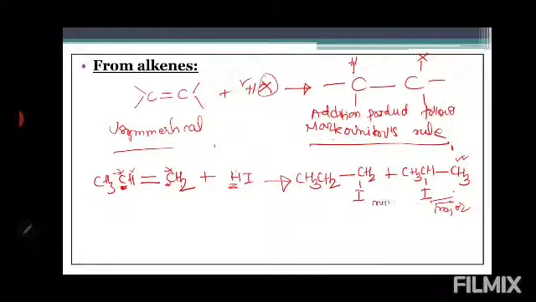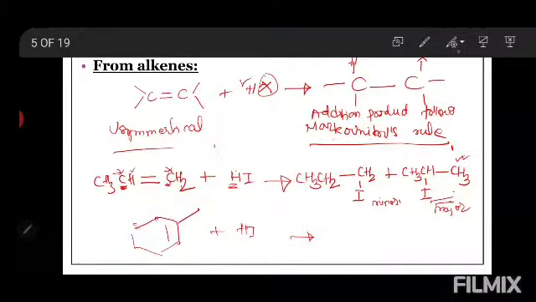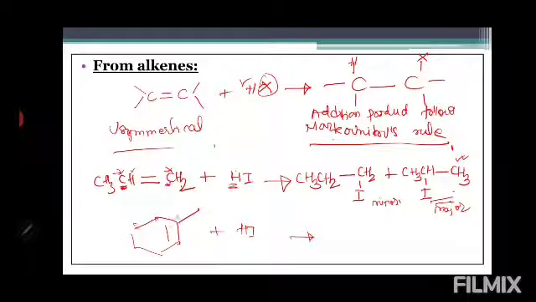Okay, now suppose we have cyclohexane with CH3, and again we do the same reaction. Identify on which carbon the addition will take place. These two are the carbons where the addition reaction takes place. Next, identify how many hydrogens each has, which has fewer and which has more. This carbon has CH3 and a double bond.